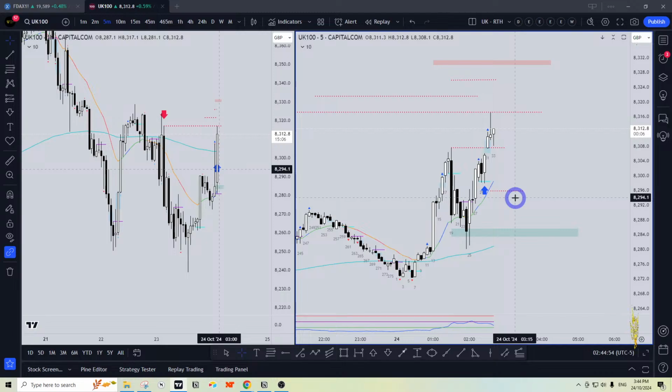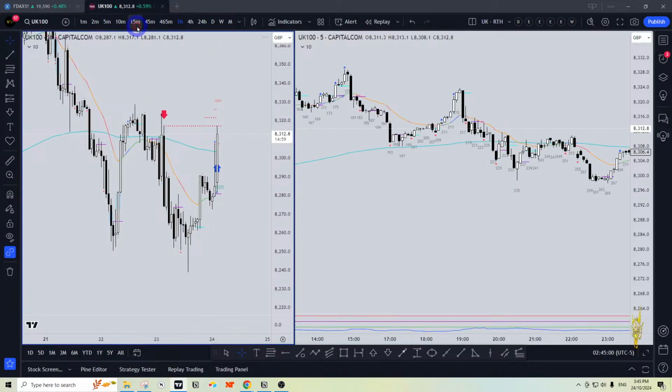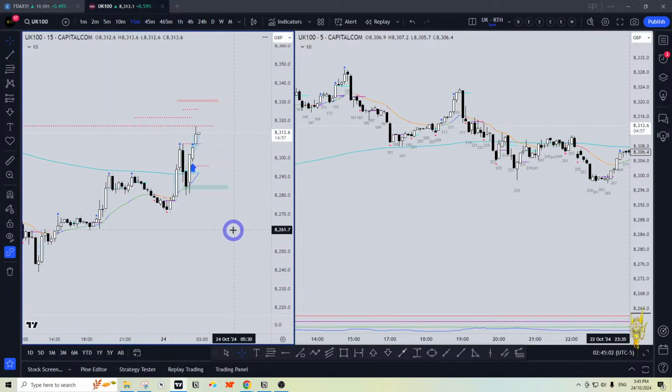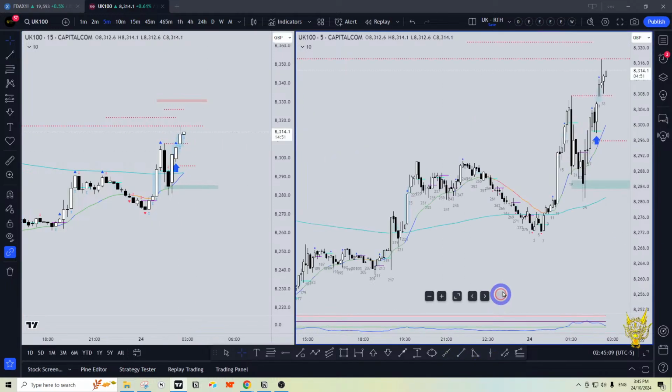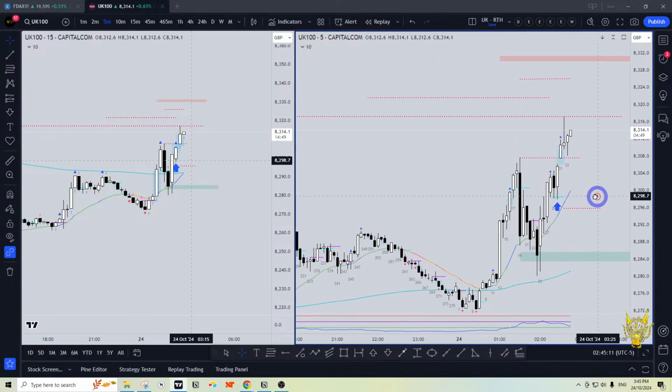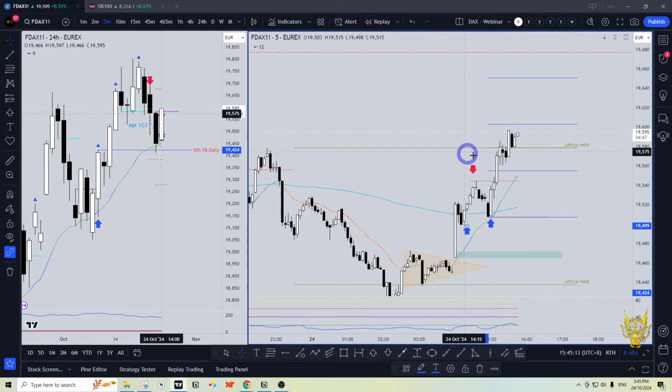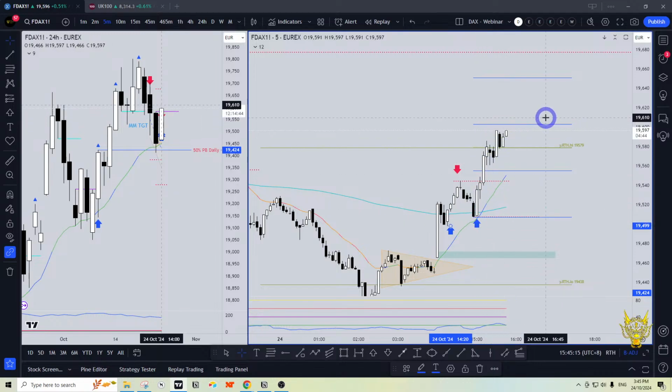Okay, so 15-minute chart just closed. So 3 consecutive bull bars, good for bulls. Strong close on the 15-minute chart on FTSE, so that's good. Still holding long, and looks like spike and channel on DAX.